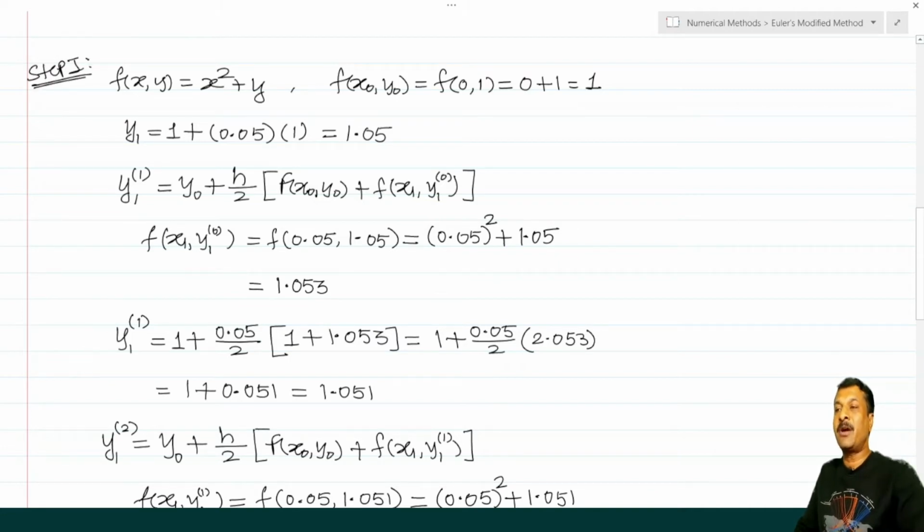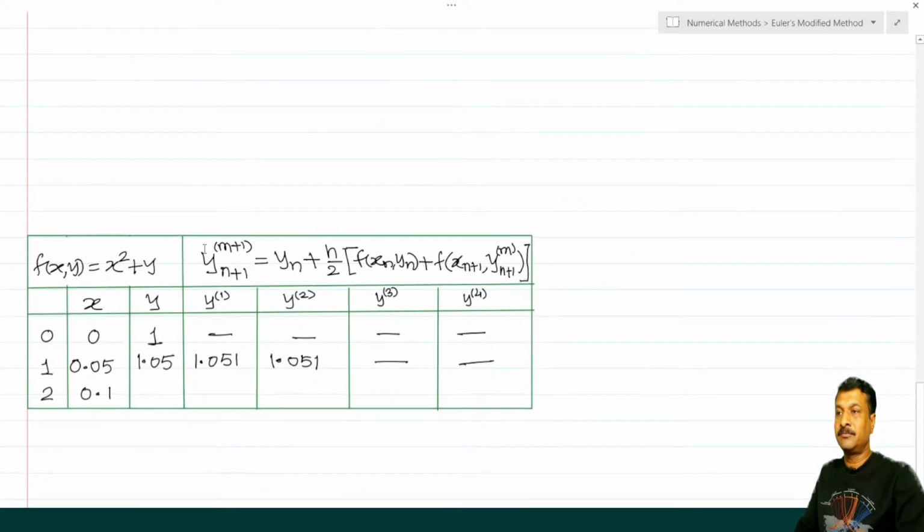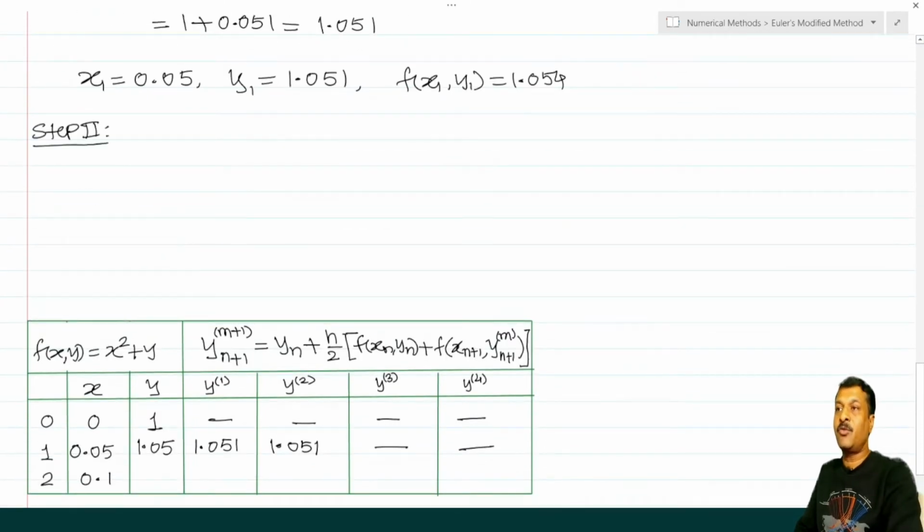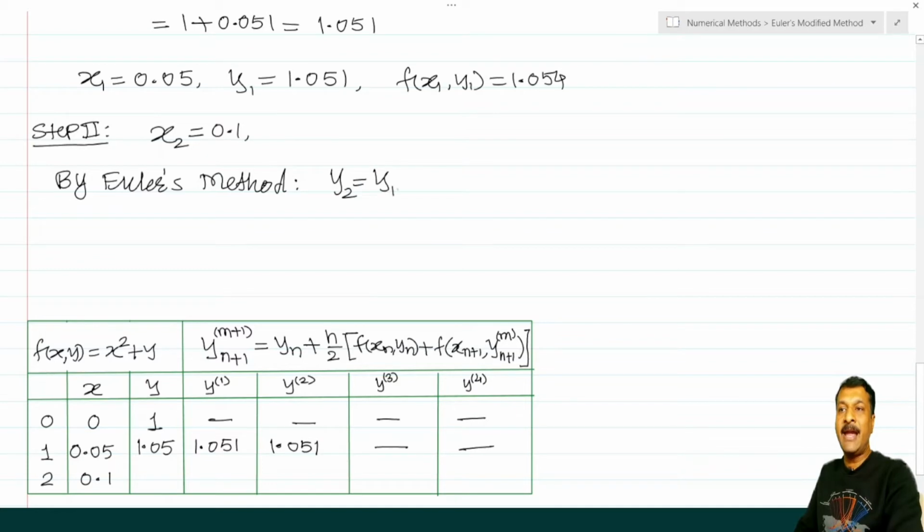Now proceed for the y2 value. So step number 2. So what is the x2 value now? X2 equal to 0.1 means now this row I am going to complete. So x2 equal to 0.1. After that I want to find y2. So by Euler's formula or Euler's method, what is y2? Last value of y, that is y1 plus h f of x1 y1.